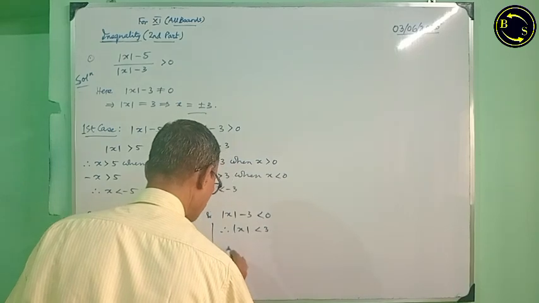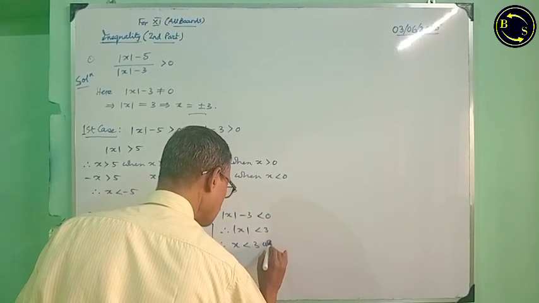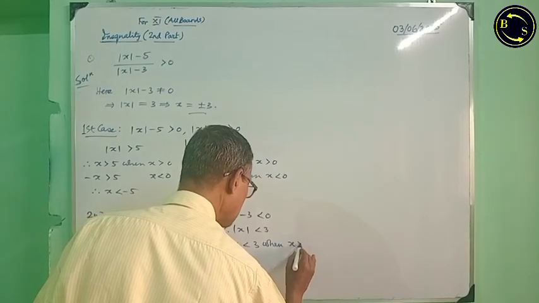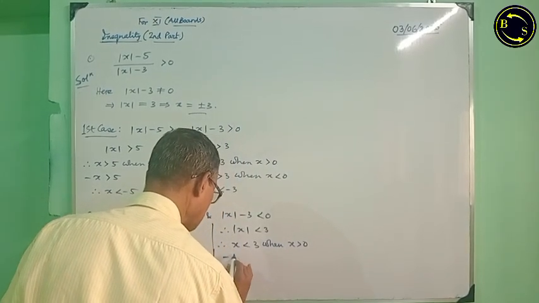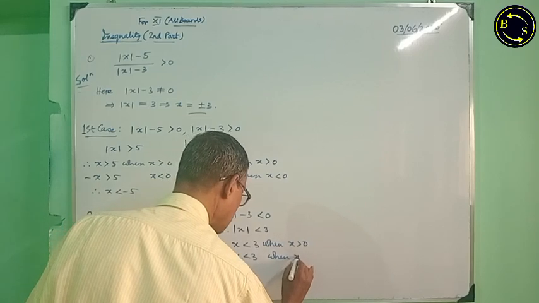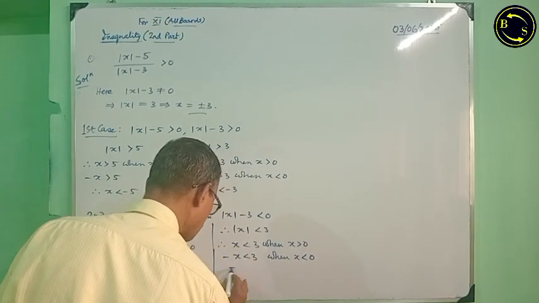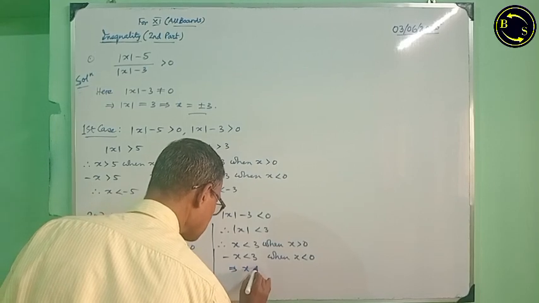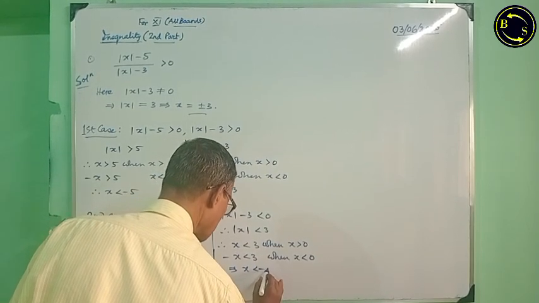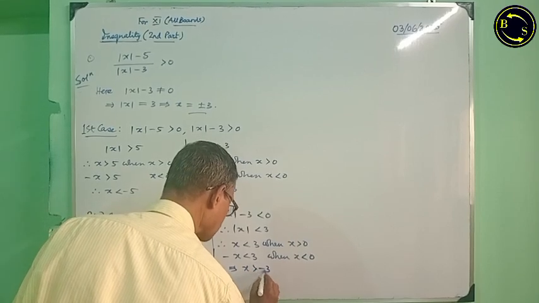And from it, mod x less than 3: x less than 3 when x positive, minus x less than 3 when x negative. From this we get x greater than minus 3.